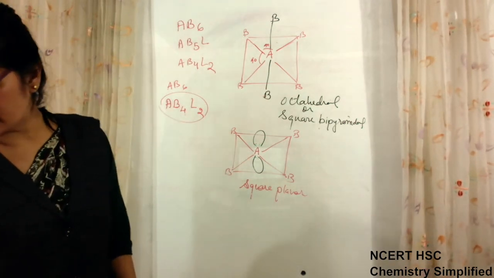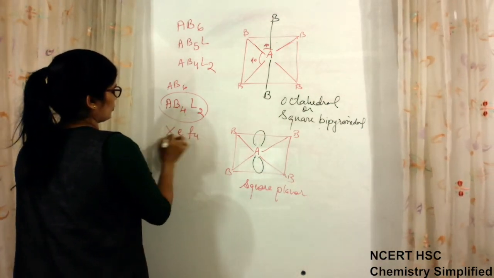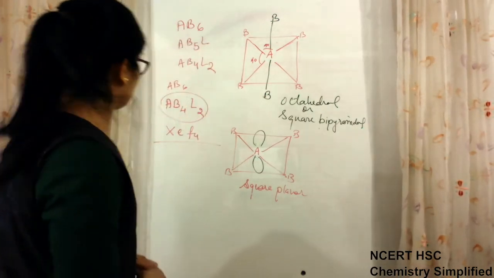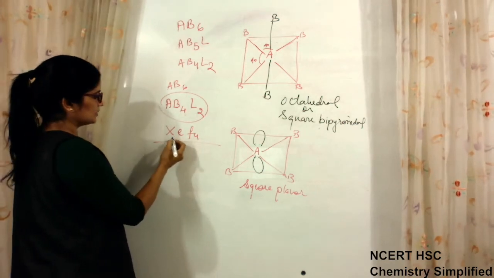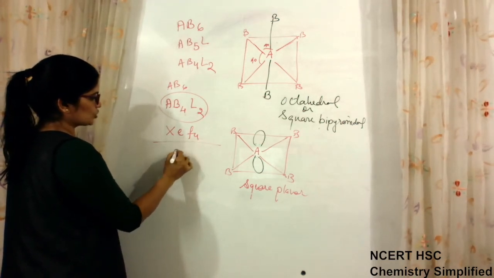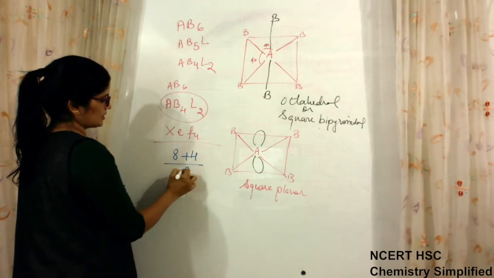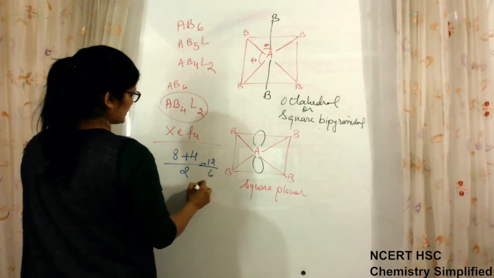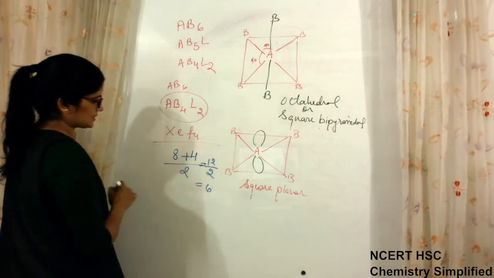One example we'll write is XeF4, xenon tetrafluoride. Xe, xenon, is a noble gas. Valence electrons 8 plus side atoms 4, divided by 2, 12 by 2 is equal to 6.